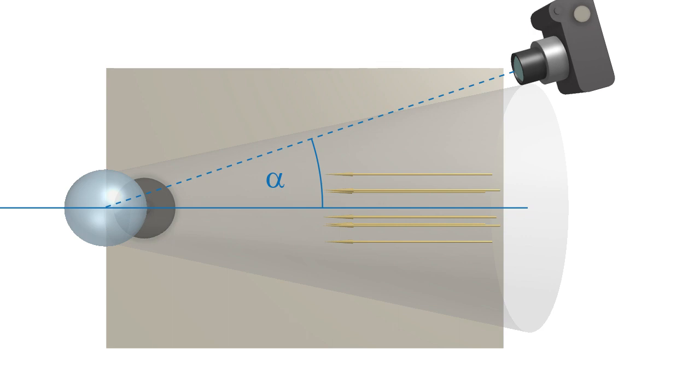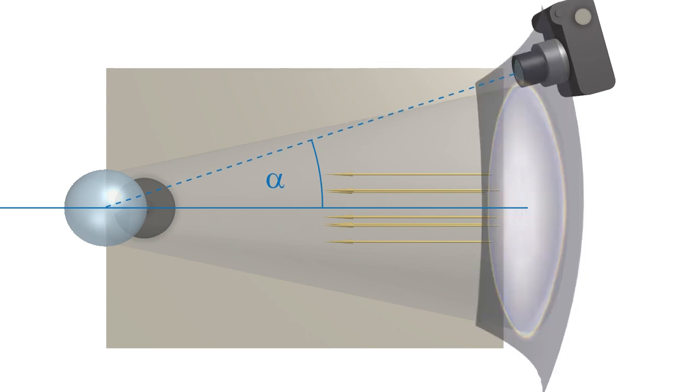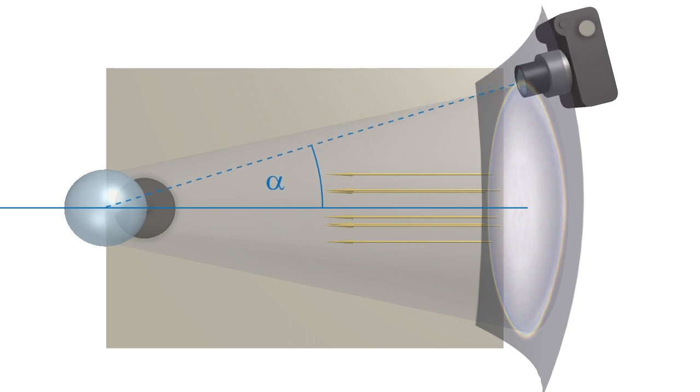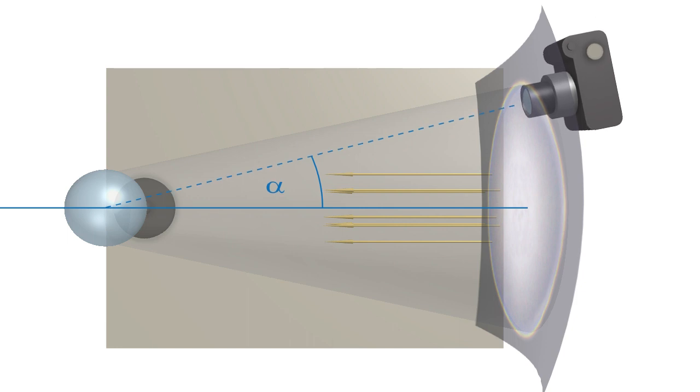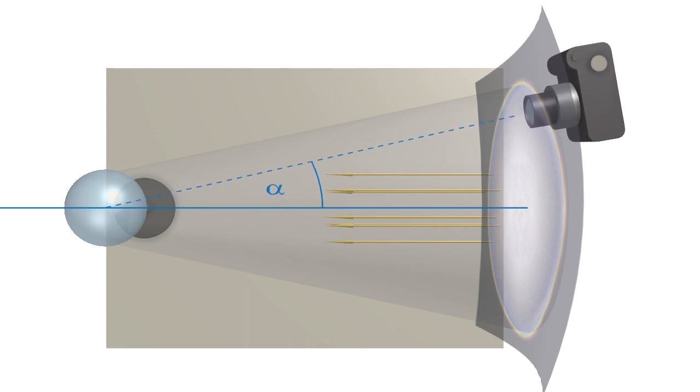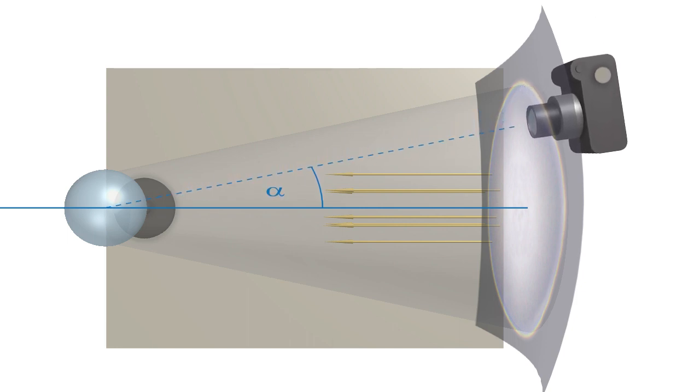In the starting position shown here, the opening of the camera lens is outside the light cone reflected by the sphere. By slowly swiveling it, however, it shifts further and further into the cone of light. The image of the sphere that the camera sees is recorded as a video.